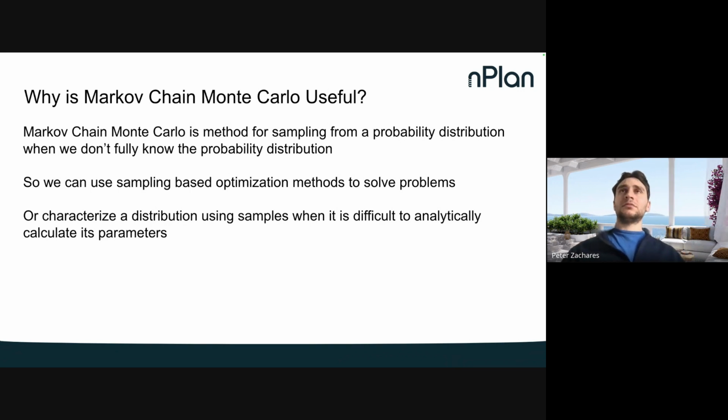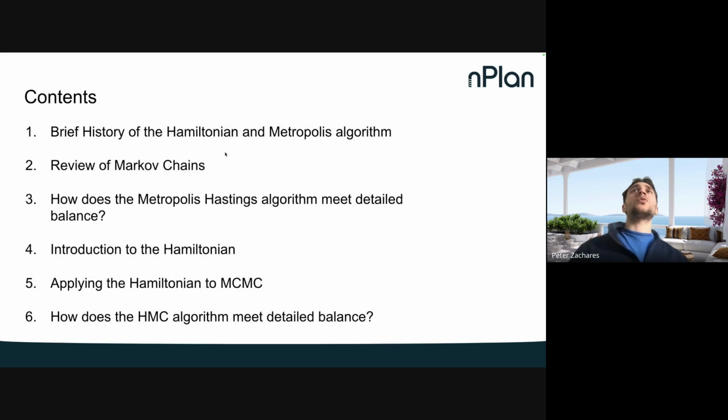Okay, let's go to the next slide. So what am I going to present in this presentation? A brief history of the Hamiltonian and Metropolis algorithm, and a review of Markov chains, because I think that will really help ground the whole discussion.